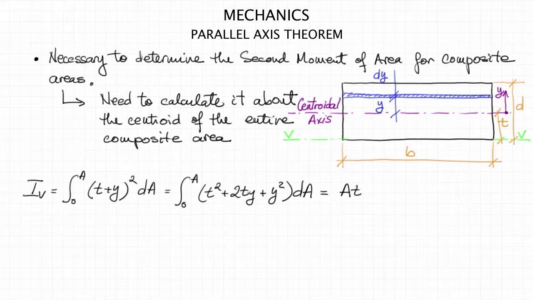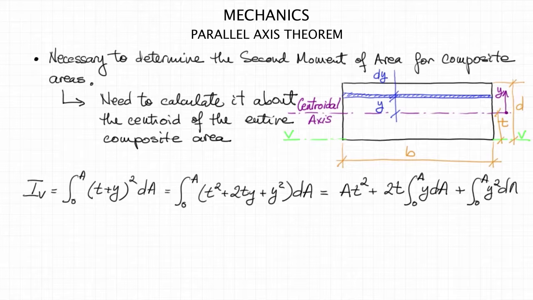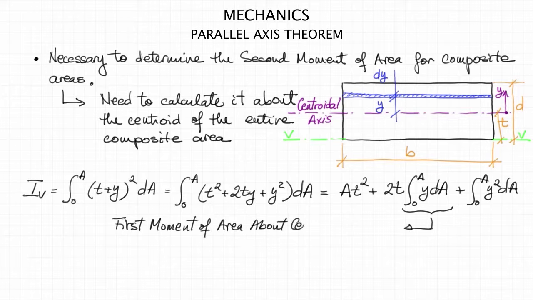And now we can expand the terms in the brackets, so we get t squared plus 2ty plus y squared times dA, all under the integral. And now we can break the integral into three components. The first component is a constant, so we can eliminate the integral sign: A t squared. The second term, 2t, is a constant, so it can be factored out in front of the integral from 0 to A of y dA.